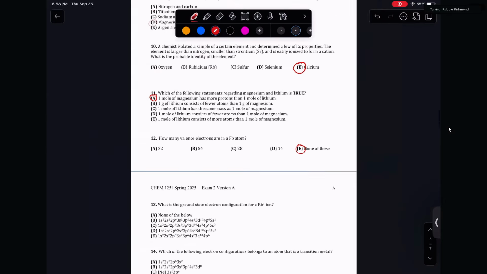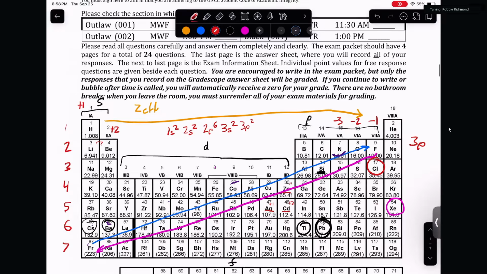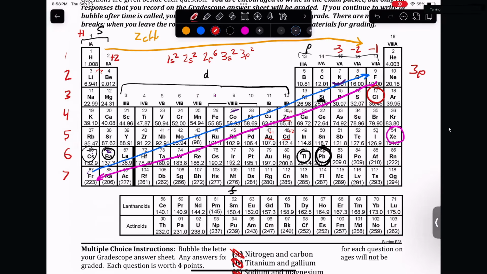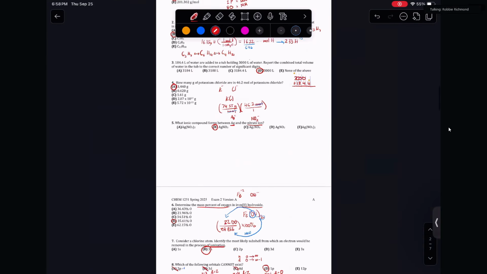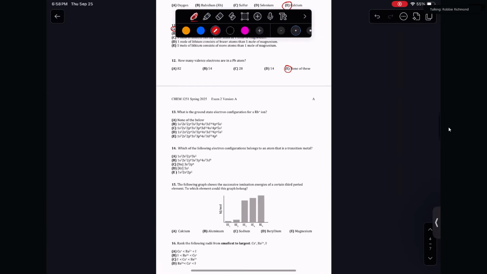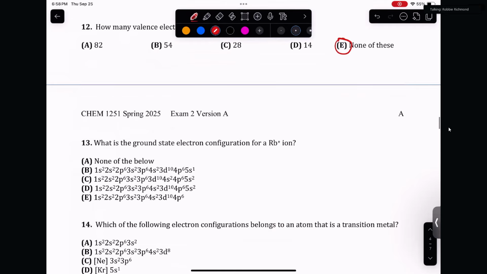So rubidium, let's find that bad boy. Right here. If we're ionizing and we're losing 1 electron, it comes from that 5s1 level, leaving everything filled up to 4p6. So that answer choice would be answer choice E.